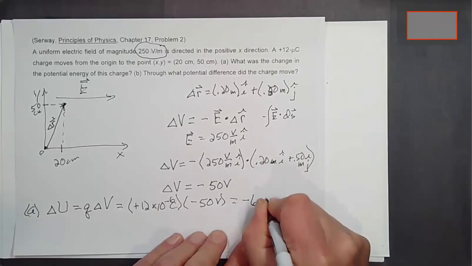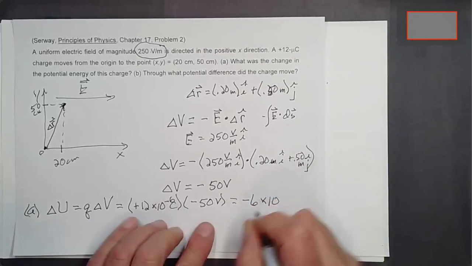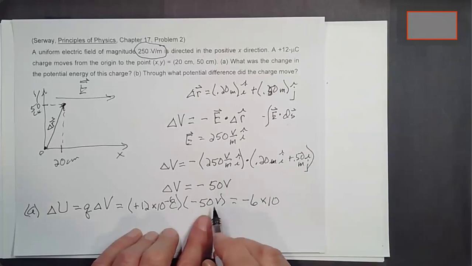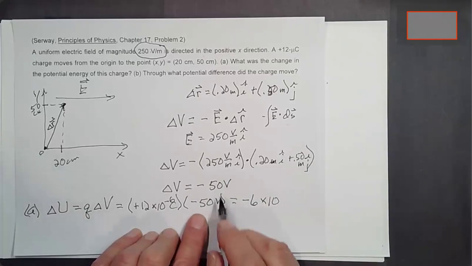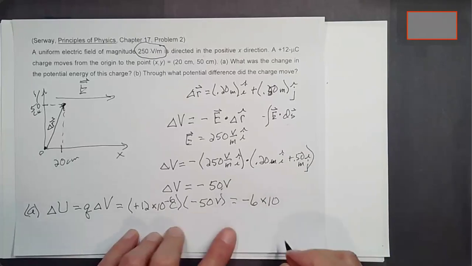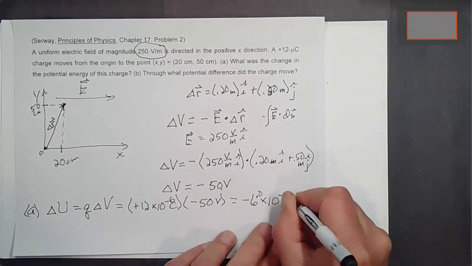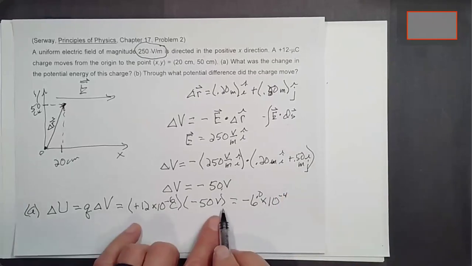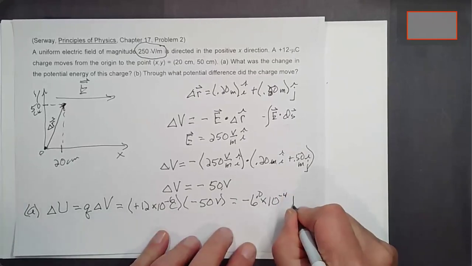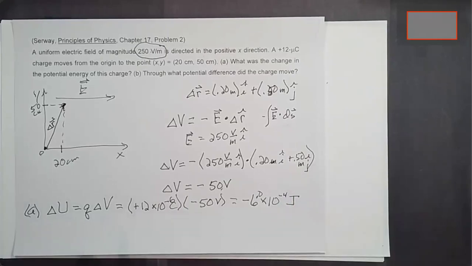Minus 6 times, and maybe I could think of that as two significant figures. 6.0 times 10 to the minus 4th coulombs times joules per coulomb, that'd be joules. Although I may have gotten a decimal point wrong there, but I don't think so.